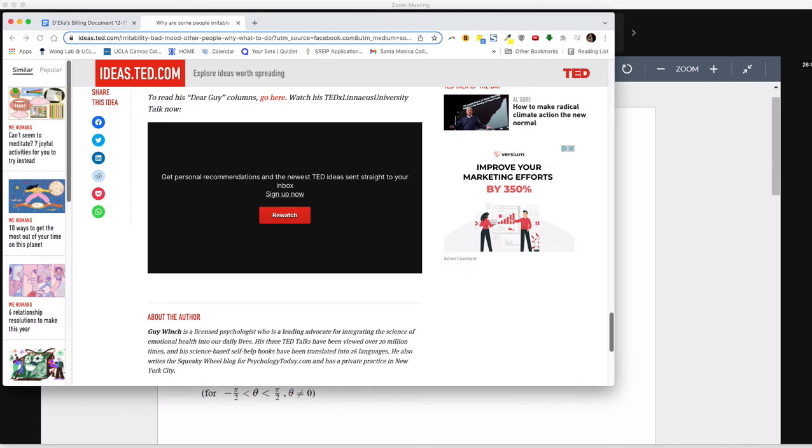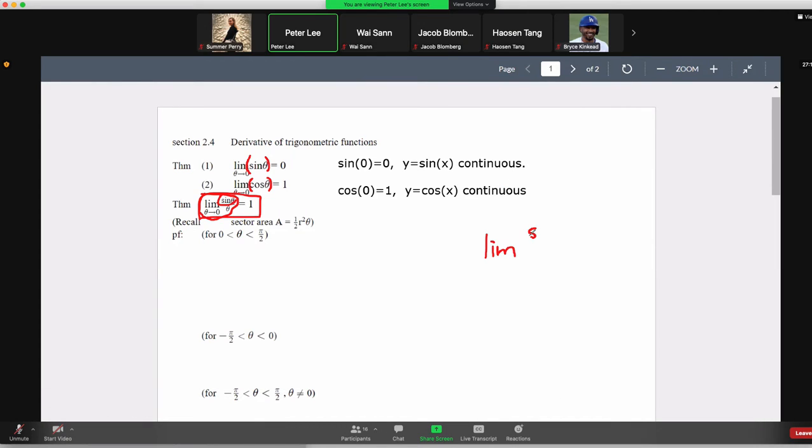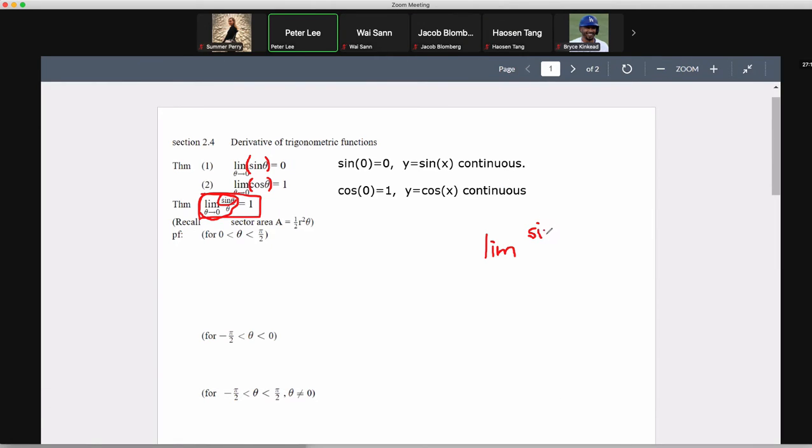We note that sine theta is a continuous function. So let me write this down again. We have a limit of sine theta over theta, and note that sine theta is a continuous function, and theta is also a continuous function.